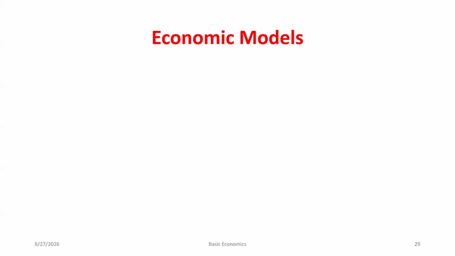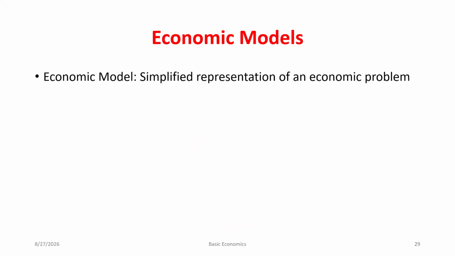Usually our models, especially in this class, are an oversimplification of the real world. We have statistical methods, econometrics, for controlling and holding these other things constant, but for right now, we're assuming other things are equal. We're starting out with the basic models.